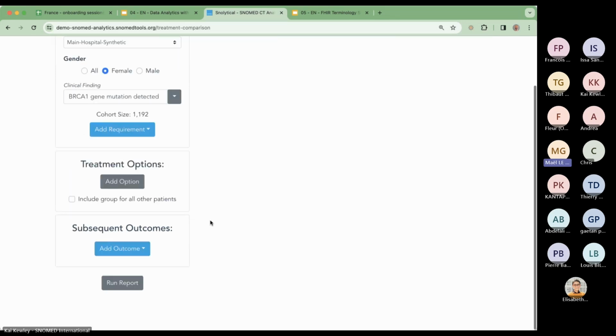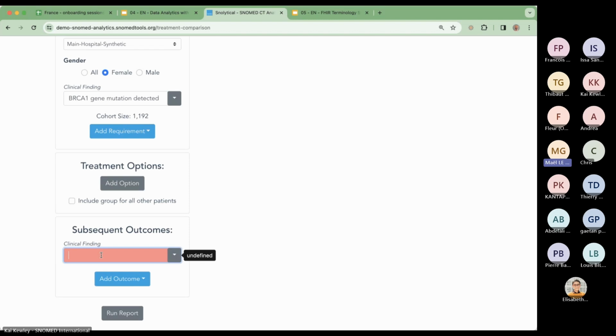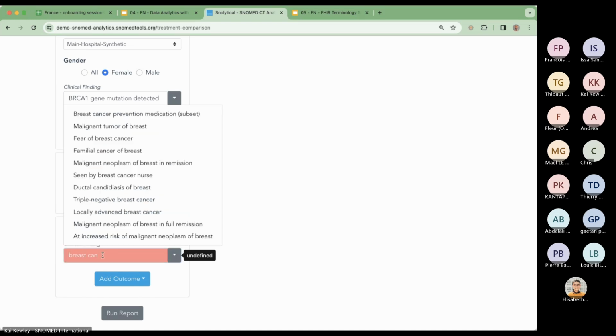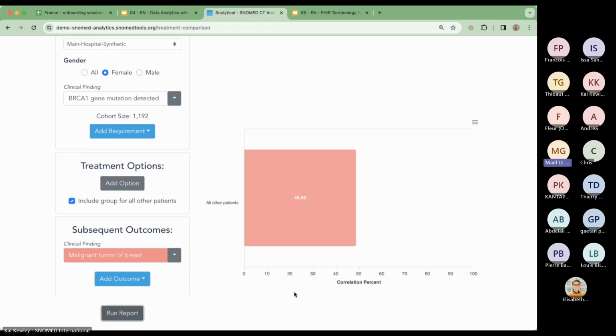There's around 1,000 patients. And the outcomes we're interested in, there's only one. It's breast cancer, malignant tumor of breast. And I'm going to run the report with no patient groups to start with. And we can see that the correlation for this cohort is very high, it's nearly 50%.